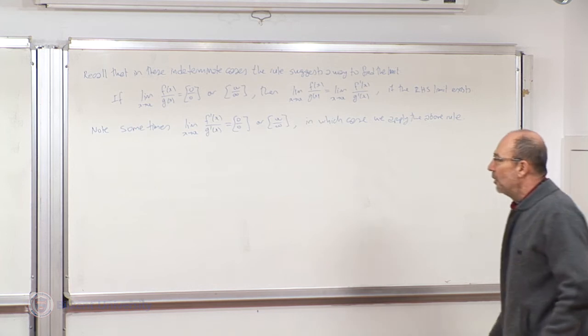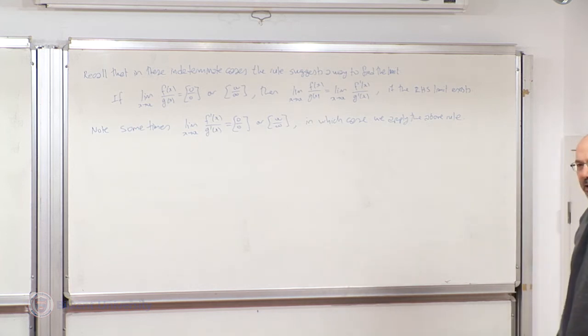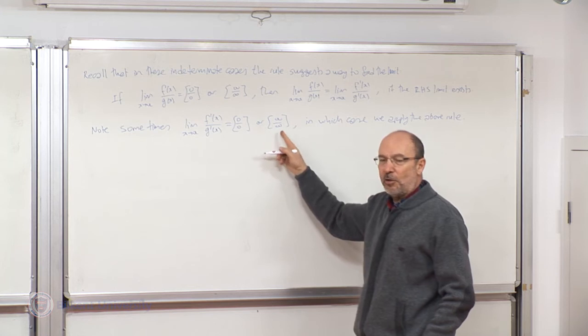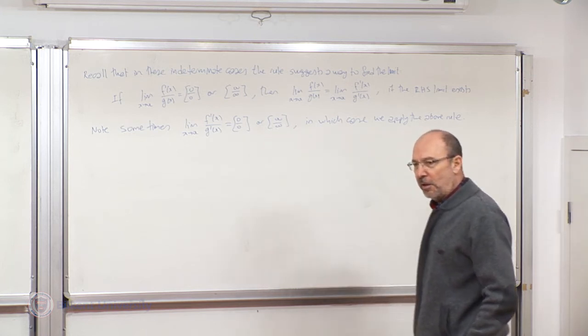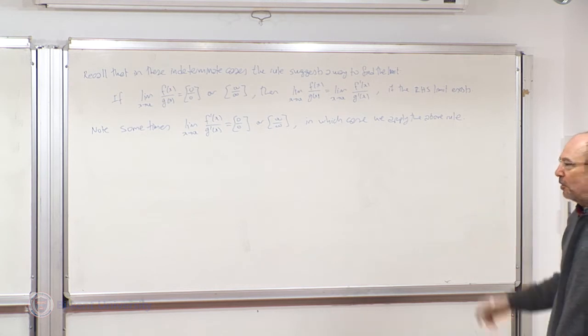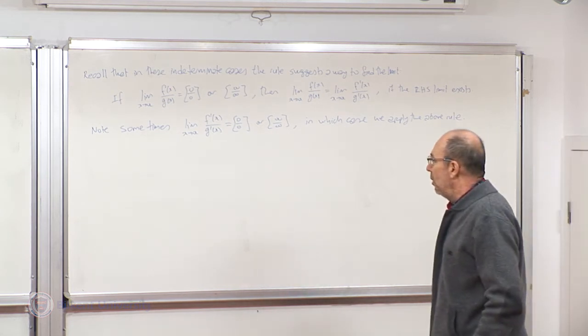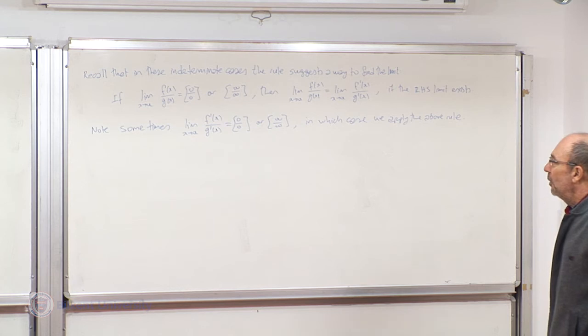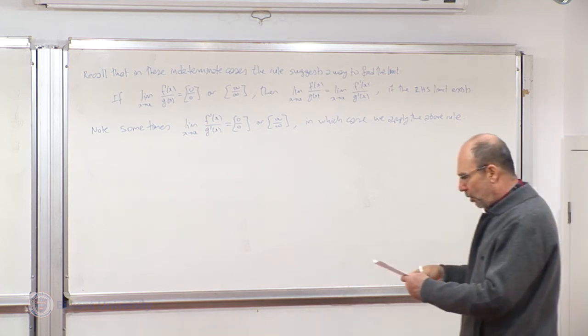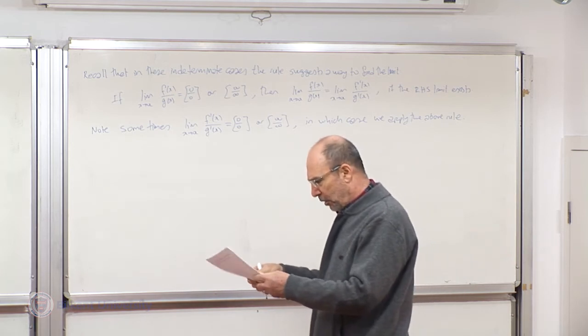Okay? So you keep taking the ratios of the derivatives until you come to a case where you don't have this or this. Okay? So at that stage, you don't apply L'Hopital's rule because it's meaningless. At that point, if you are lucky, you calculate the limit in some other way. Okay, so this is what we did last time.